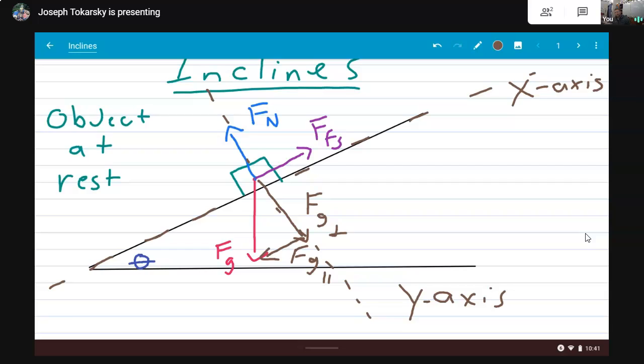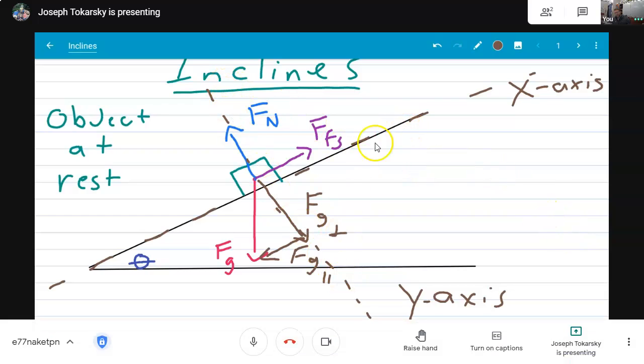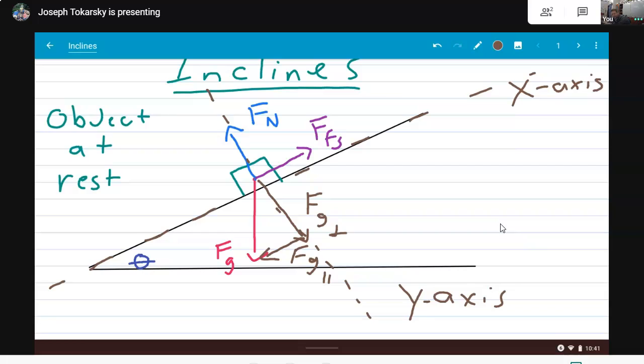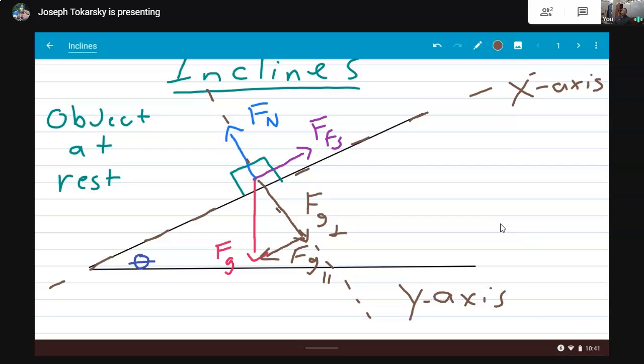Now that we've tilted the XY axis to fit the incline, the only force that we drew in that wasn't right on the axis was weight. So we broke it up into its components, FG perpendicular, FG parallel. And my diagram is not 100% to scale, but that's okay. The direction of where everything's pointing is what matters the most.